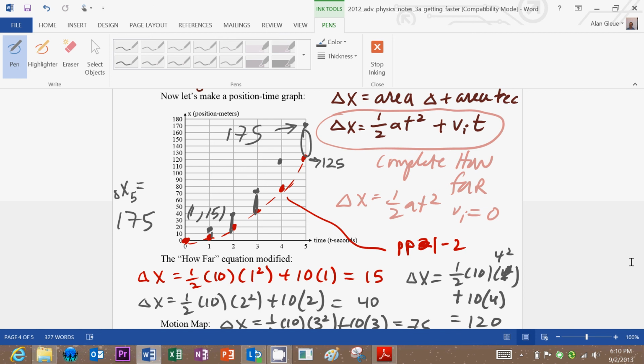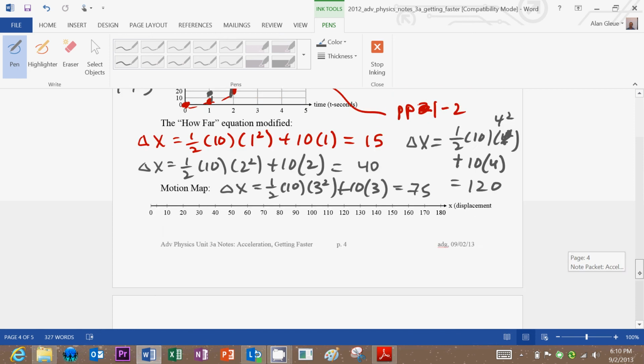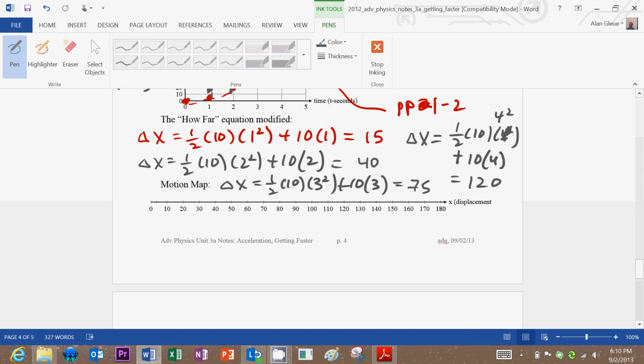Another way to look at this would be to use a motion map, right? I can draw it underneath there. There was 0. At 1 second, we're at 15. 2 seconds, we're at 40. 3 seconds, 75. And then 120. And finally, we're at 175, right?